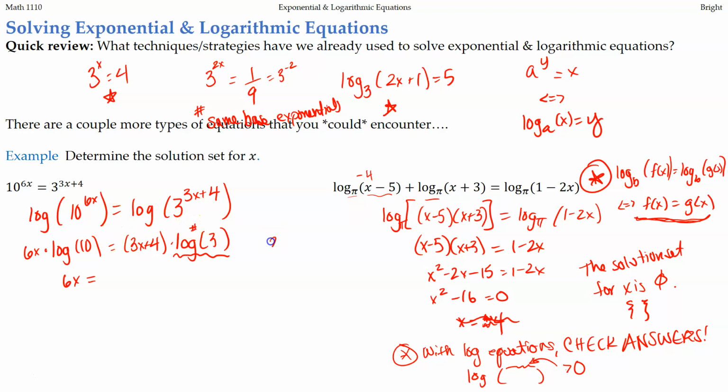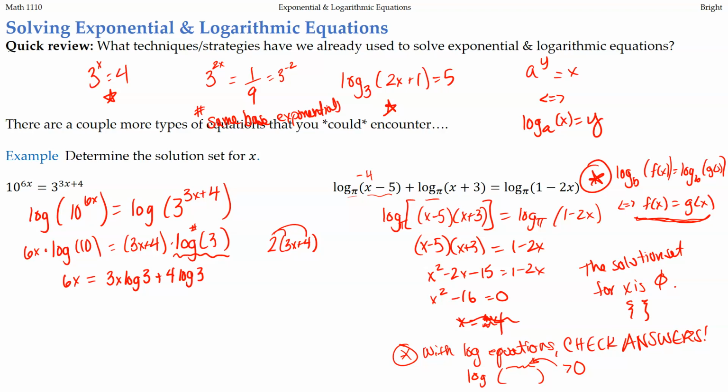This would be a lot like us saying we have 2 times 3x plus 4. We would just distribute the 2 to both. So as such, we would distribute the log to both. So I would have 3x log 3 plus 4 log 3.